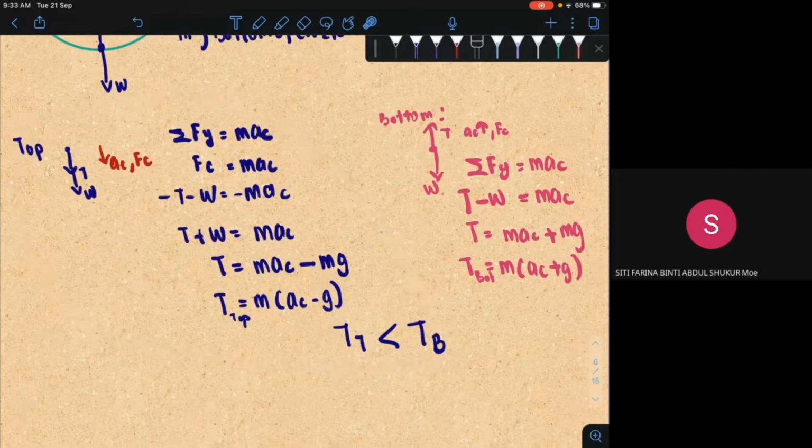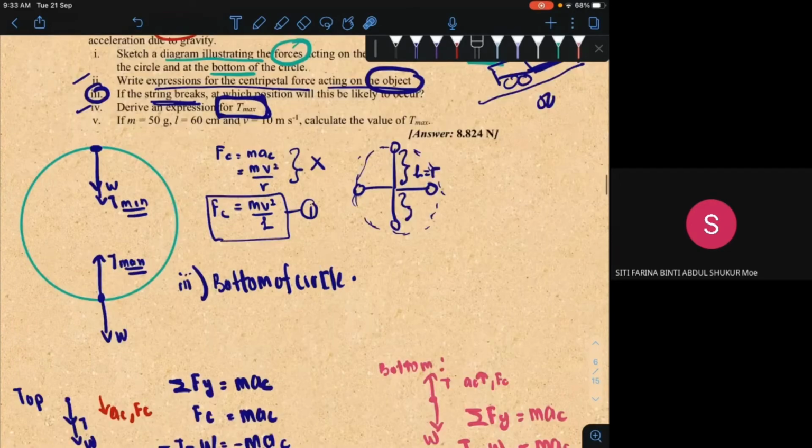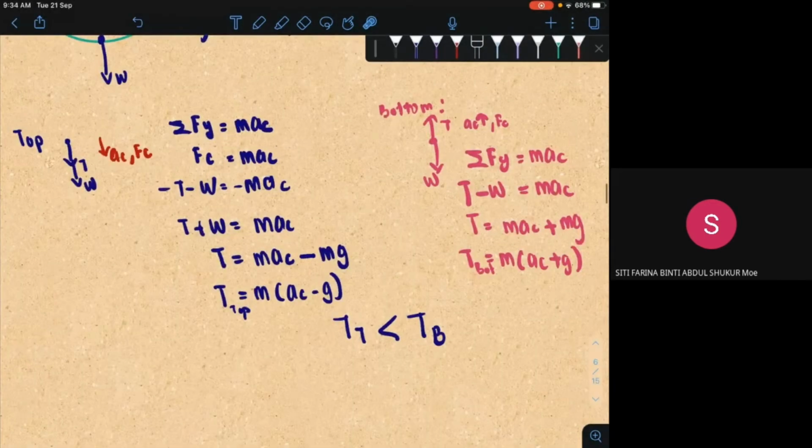Okay, at the top and the bottom. So sebenarnya sebab dia dah mention dekat sini specifically express for T maximum, kita tak boleh guna T top lah, T bottom lagi dah dekat sini. You should actually write ini sebagai T max sebab kita dah tahu by now ini adalah maximum. Dekat bottom kena maximum. So T maximum kamu adalah ini.